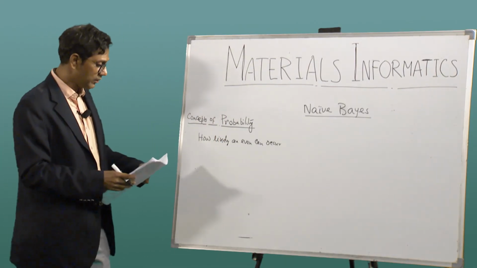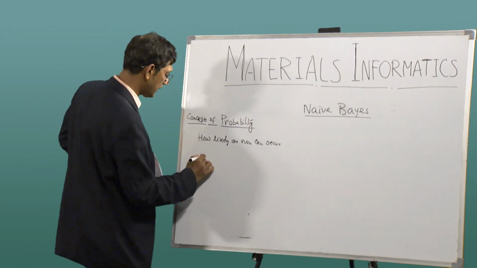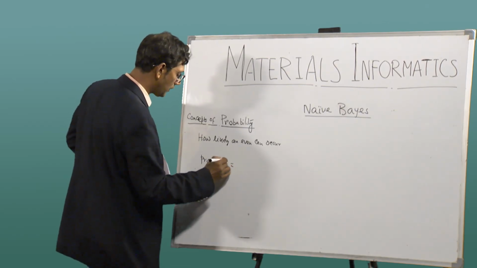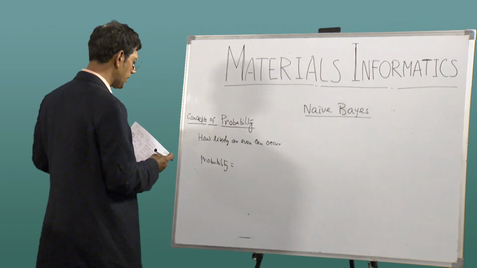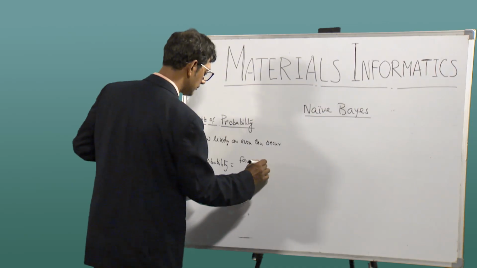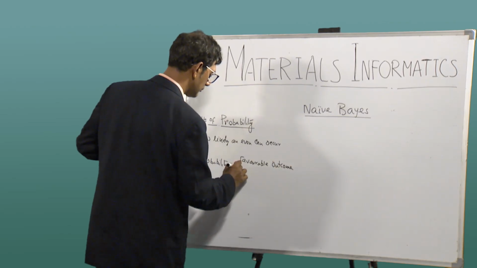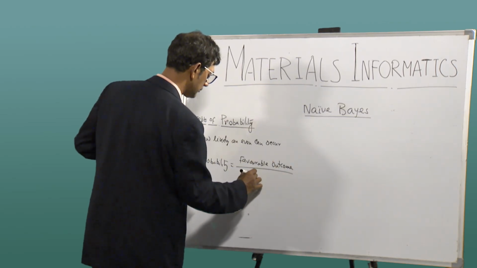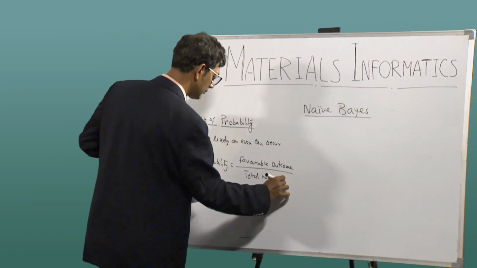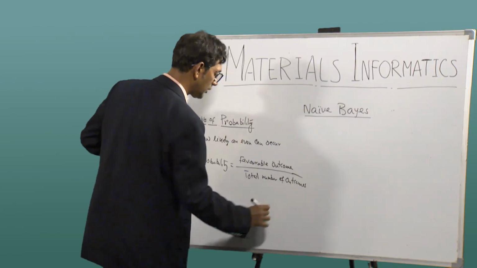Okay. So now we always define probability as simply what? Probability is defined as favorable outcomes divided by total number of outcomes. Remember this.